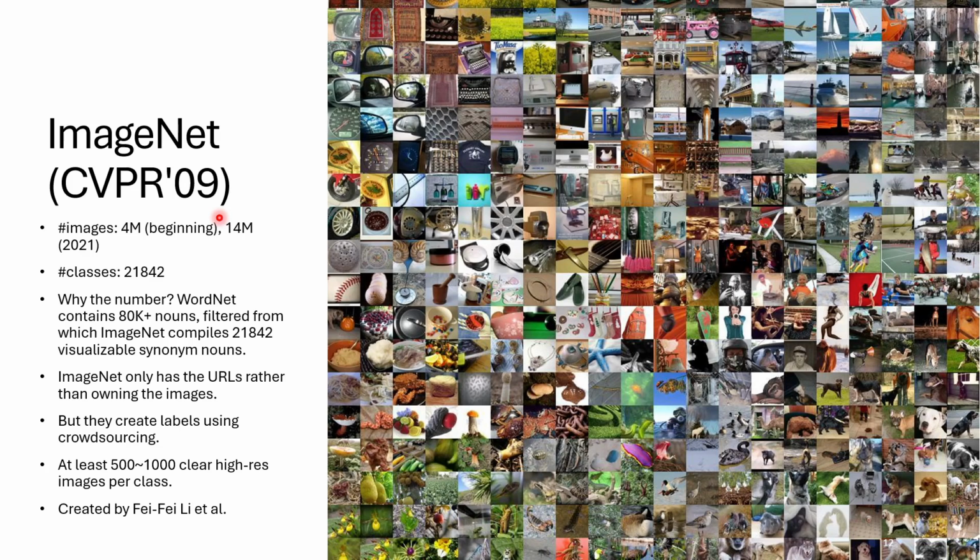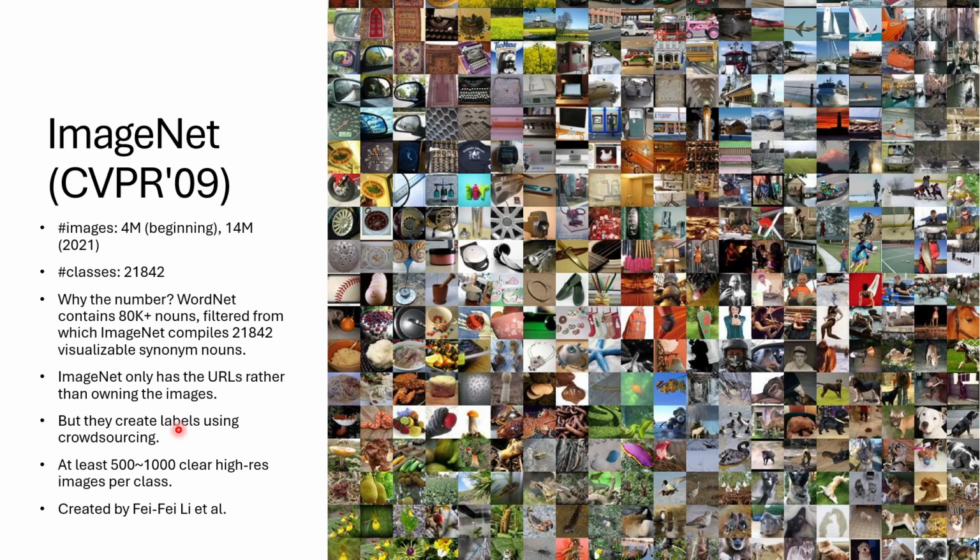It means they pay American Mechanical Turkers to label those images, and pay another group of American Mechanical Turkers to check whether those labels are correct or incorrect, so that they can create the dataset.